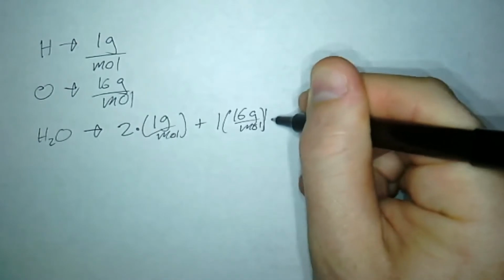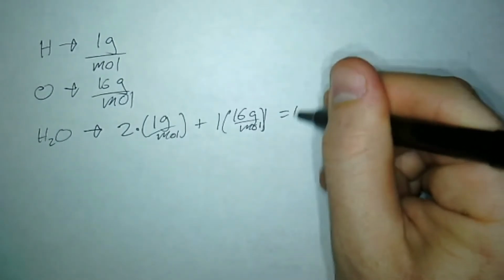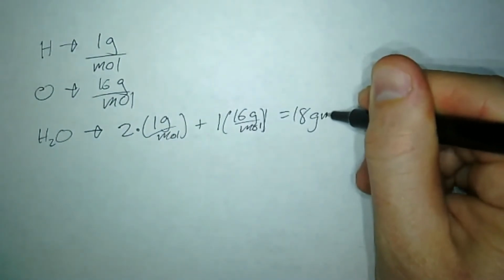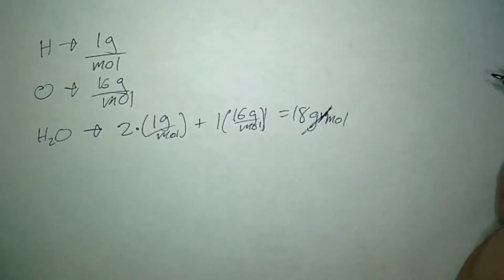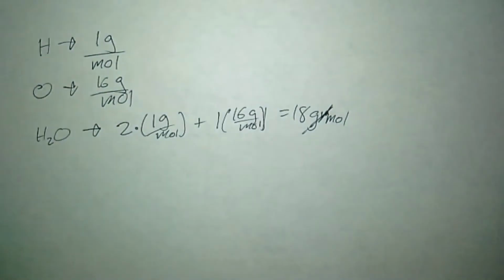So this should be 18 grams per mole, right? 2 plus 16.